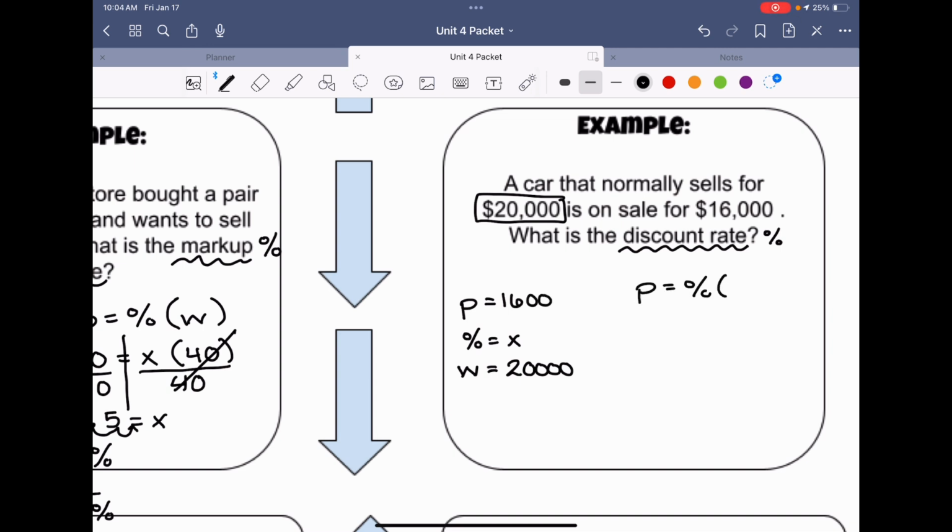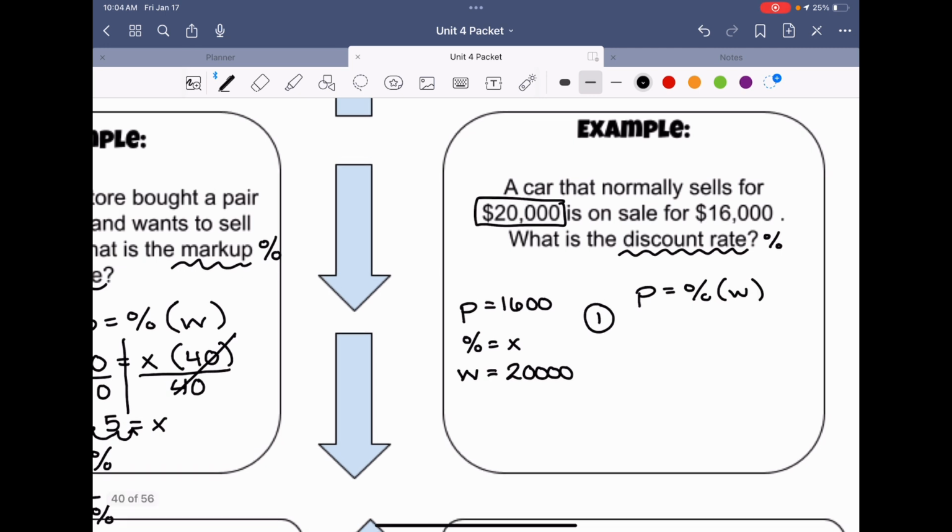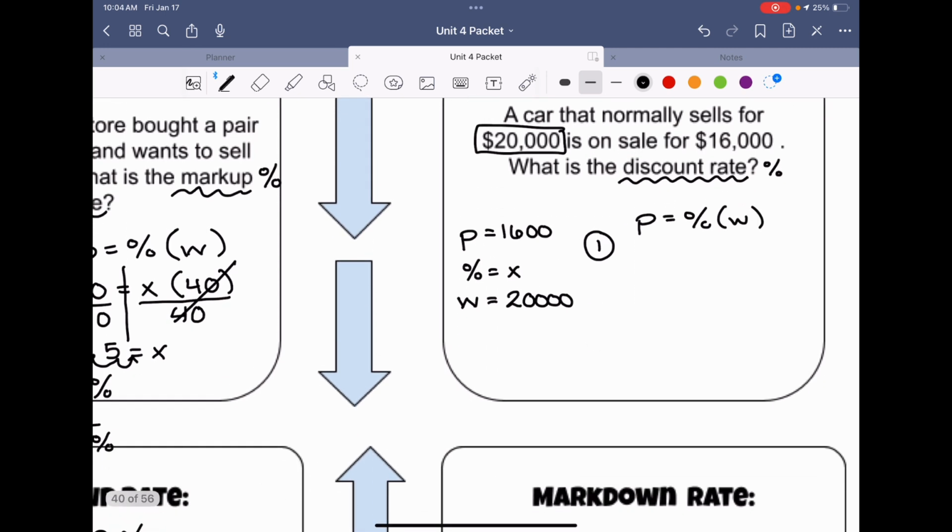This is step 1. So 16,000 equals X times 20,000. Divide both sides by 20,000.